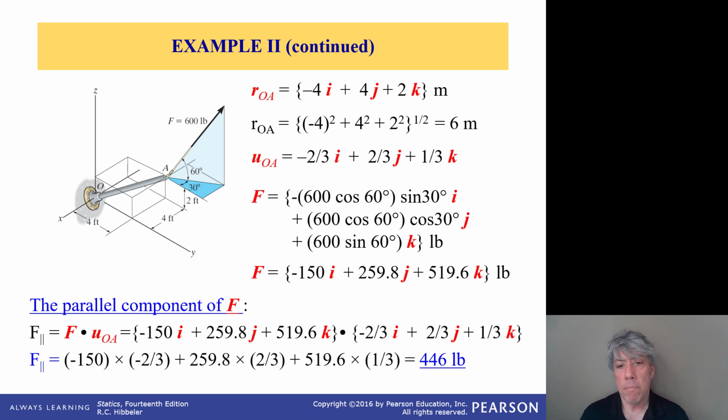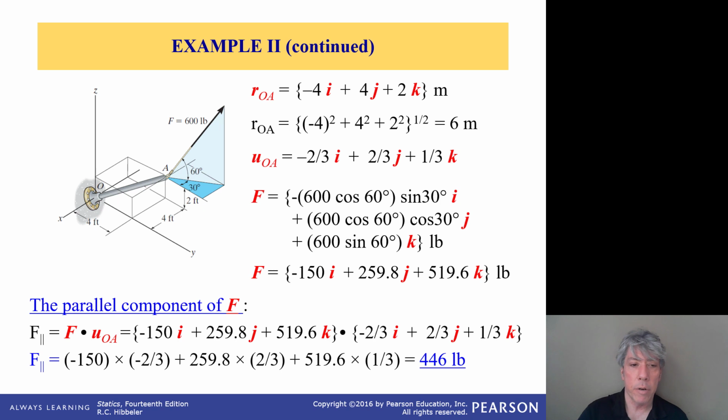So we just basically multiply the magnitude of each of the components, like the i components, -150 times -2/3, and then 259.8 times 2/3, and so on, add them together to find the magnitude of the scalar size, the magnitude of vector F that lies along line OA.